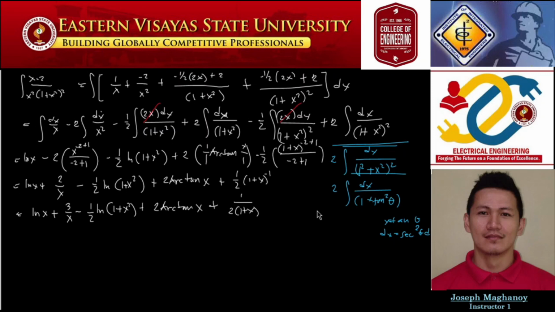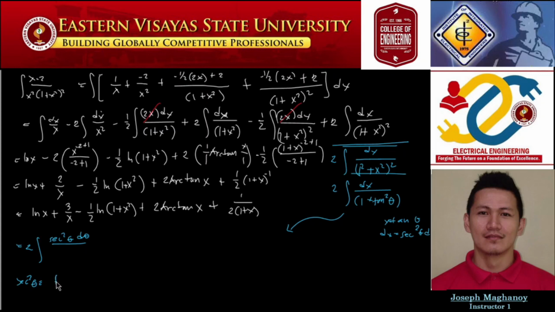Okay, so we replace our dx with secant squared theta d theta. But for the denominator, we already have 1 plus tangent squared.